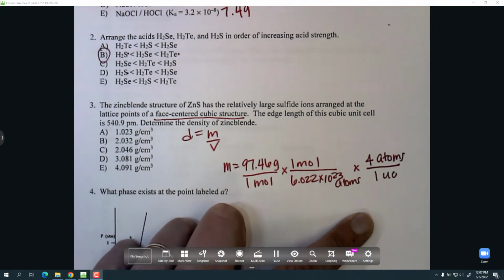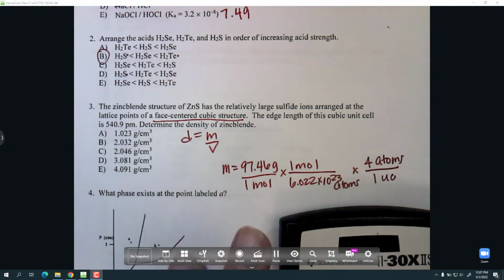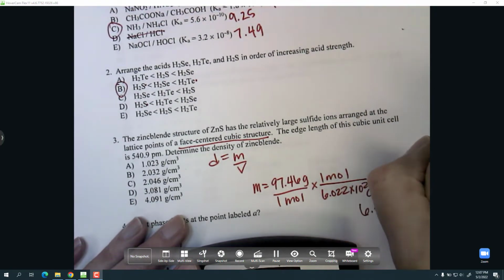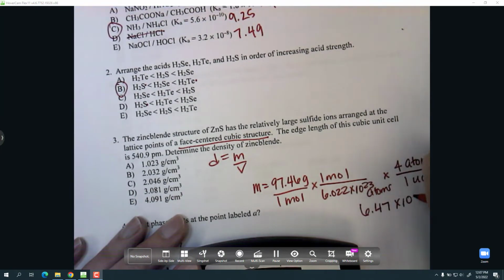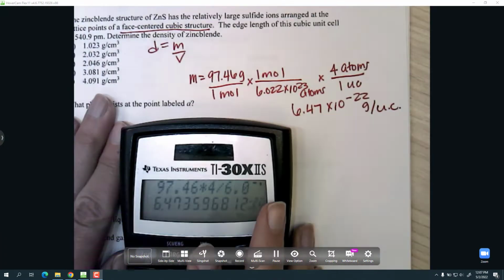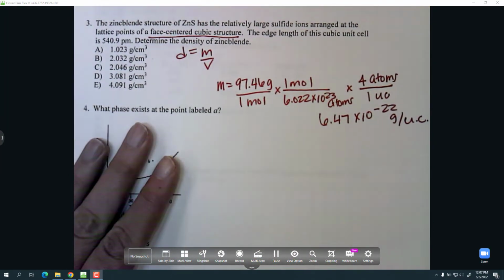So 4 atoms, 1 unit cell. So I can figure out the mass of my unit cell here. All right, so there's my mass of the unit cell.